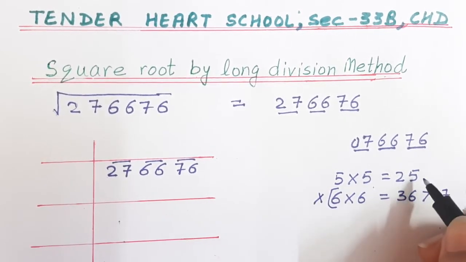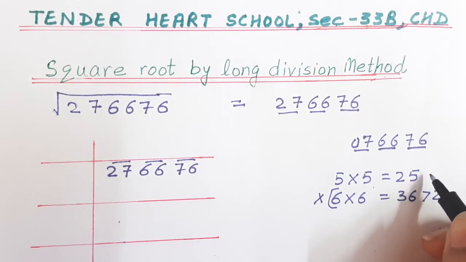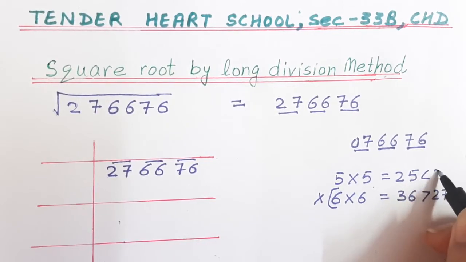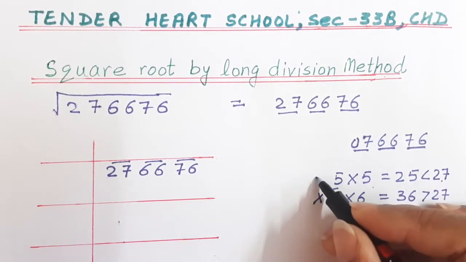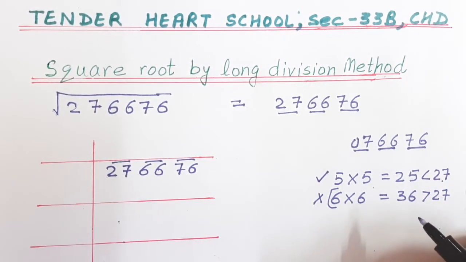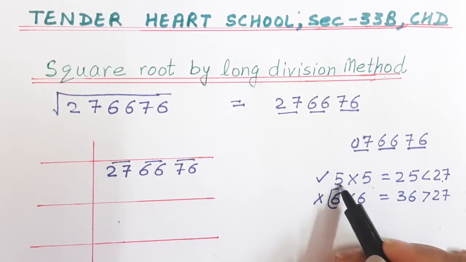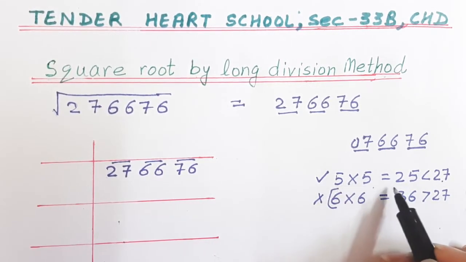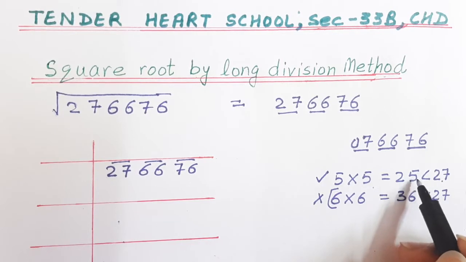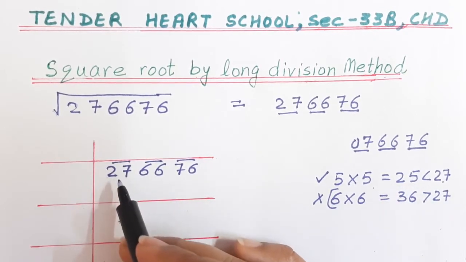So I will reject this. And 27 is greater than 25, so I will consider this pair. Remember students, we have to choose the perfect square which is near to 27.